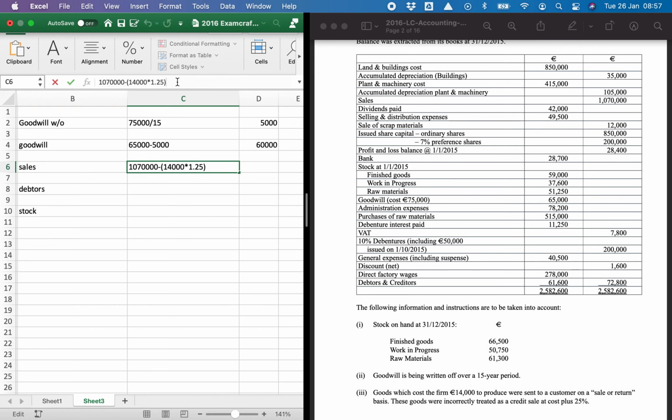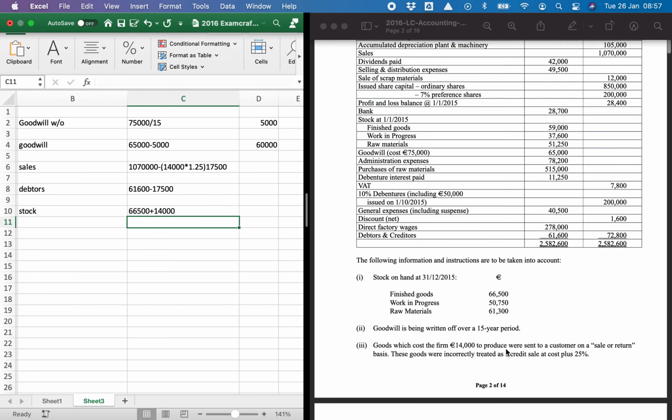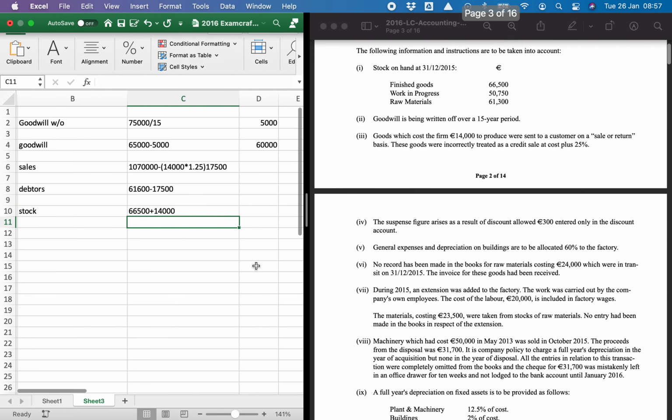So we're going to take away 17,500 from sales and from debtors. Debtors started off 61.6, and we'll take out the 17.5 there. And the closing stock of finished goods, 66.5, has to go up. It goes up by cost price. Stock is always valued at the lower of cost or net realisable value. So cost is obviously lower, so we're going to add on 14,000 onto our stock. So that's number 3 done.